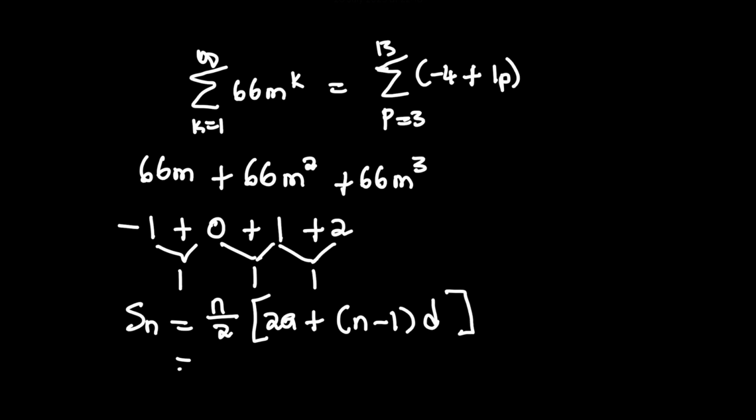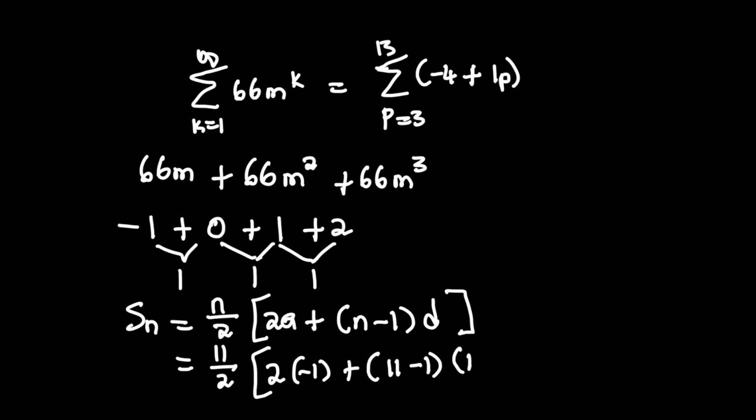Our n value, we're going to find by saying the top number minus the bottom number plus 1, which gives 11 over 2, open bracket 2 times a, where a is our first term, -1, plus n, which is 11 minus 1, times our difference of 1, close bracket.